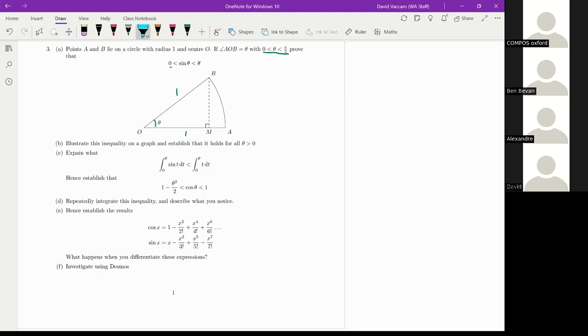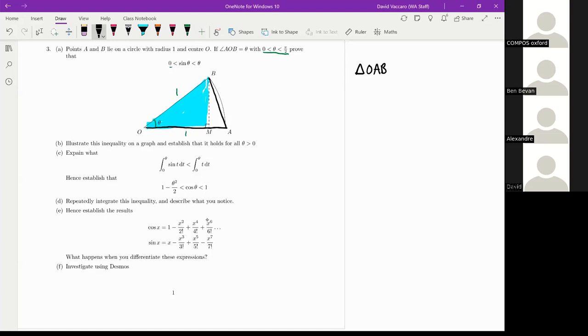Well, the question is geometric, so we want to look for some geometry. Now this triangle here, OAB, what is its area?